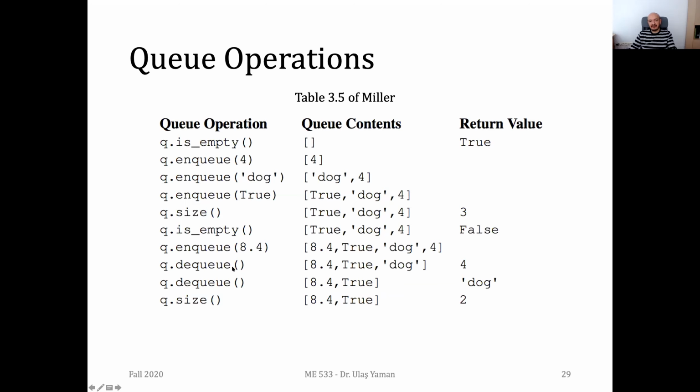But right now, since it's a queue data structure, it will pop out of the queue the value 4. And once you do it once more, we will have the dog popped. And after these dequeue operations, we can check the size and see that obviously it has just 2 values.